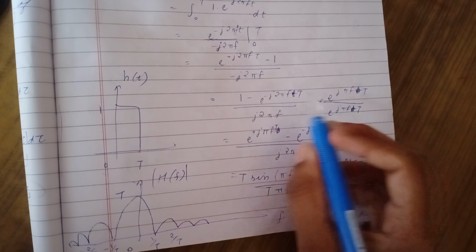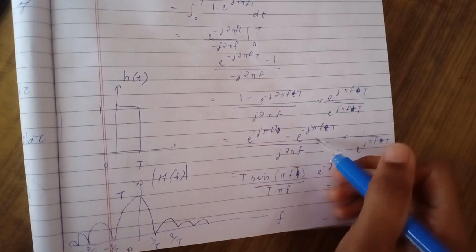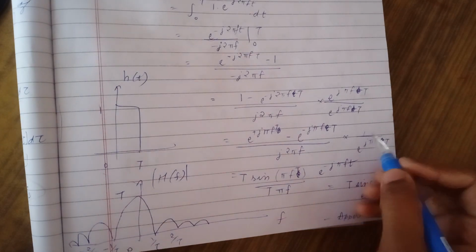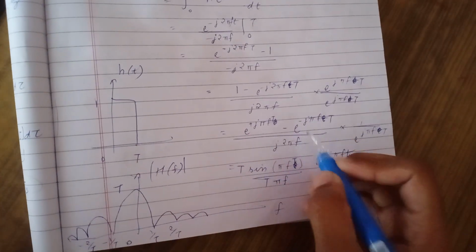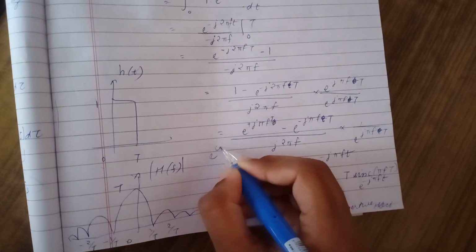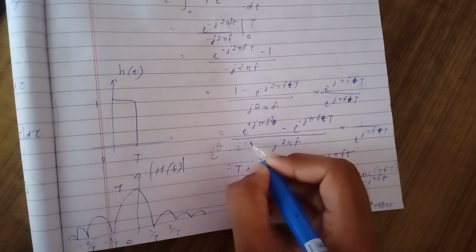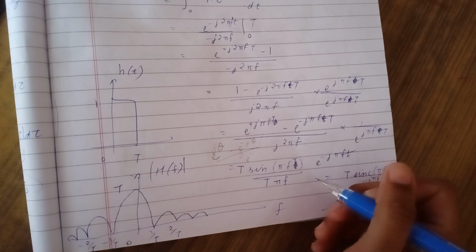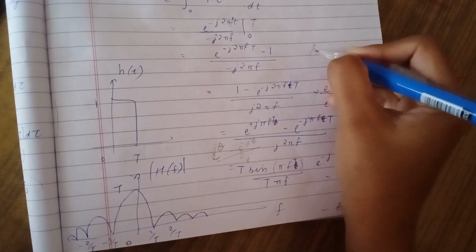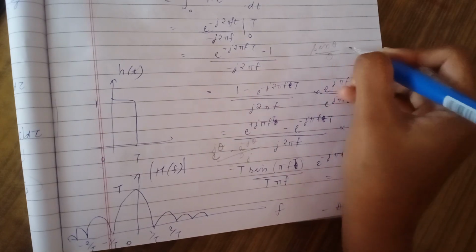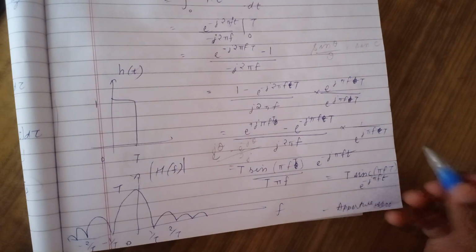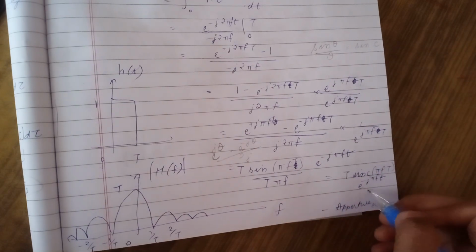When I solve it from Euler's form again, which is e power j theta minus e power minus j theta by 2j, I get a sine function. Since I want to write it as a sinc function, sine theta by theta will be sinc. So when I write it in this form, this is what I'll get in the end.